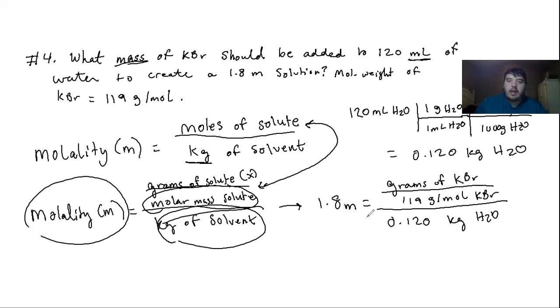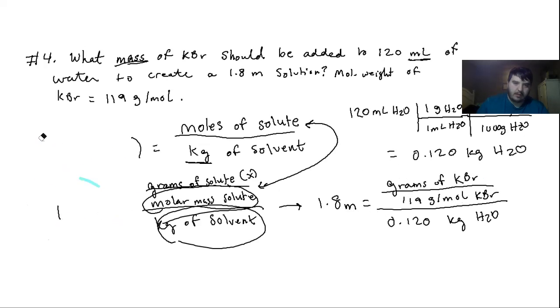Now we need to put the values we already know on the left to solve for the unknown on the right, which happens to be the grams of KBr. Let me make some room here and erase this.